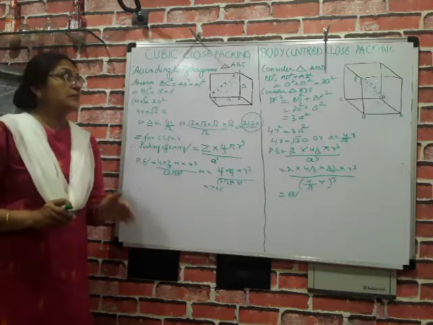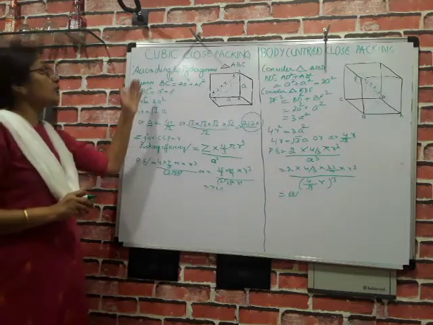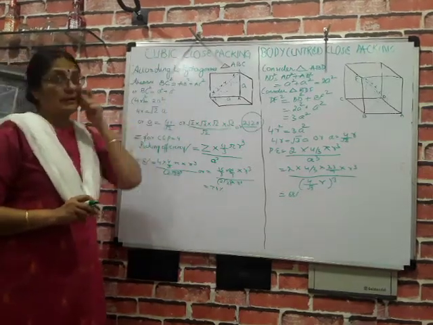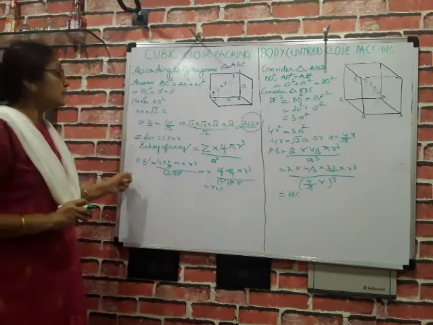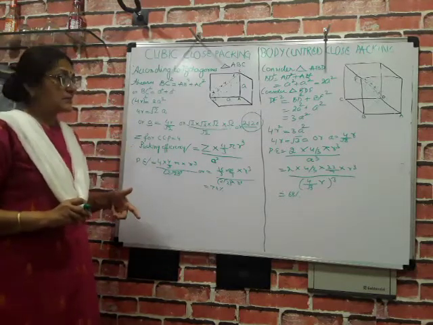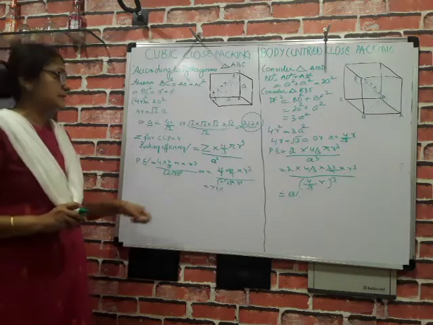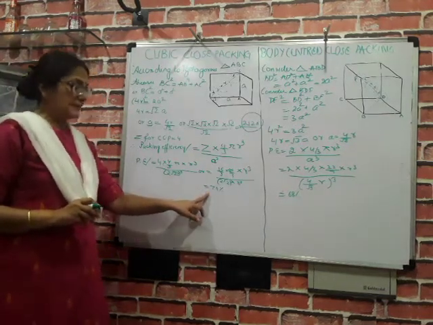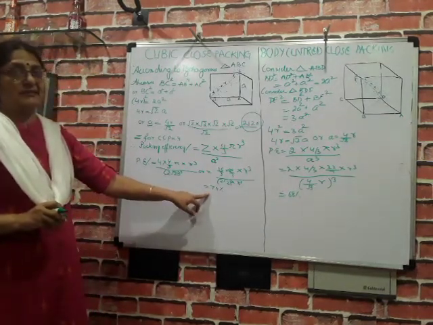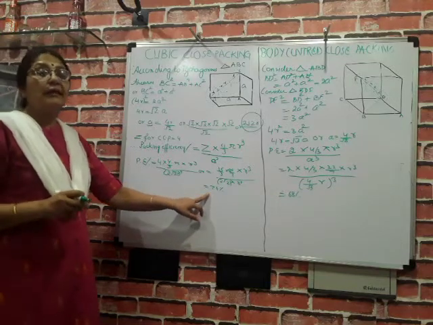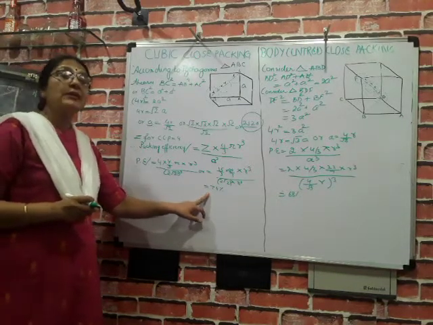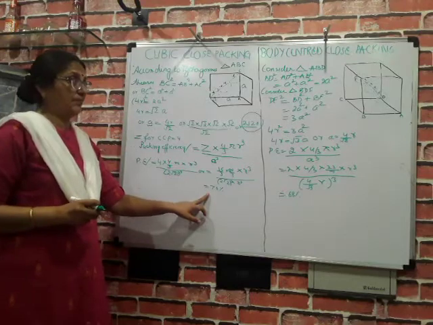It means in your cubic close packing, the number of particles occupying the space is 74% and the vacant space taken by voids is 26%.